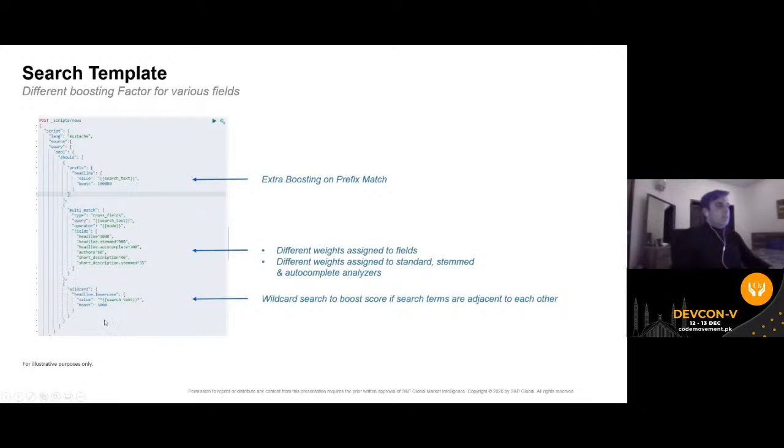And likewise, here you see the wildcard search, where if whatever you are typing exists exactly adjacent to each other, for example, you are typing good morning and good morning exists right next to each other in the headline, then we want to give that document an extra boost of 5,000 scores.